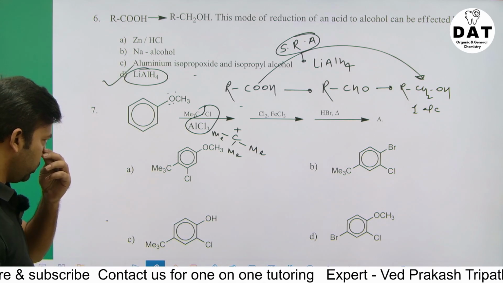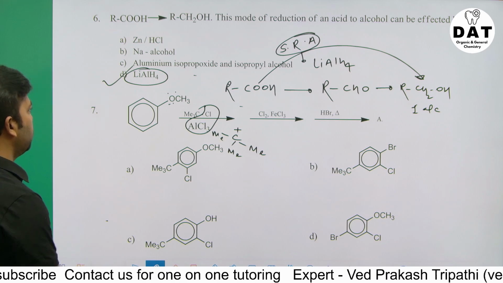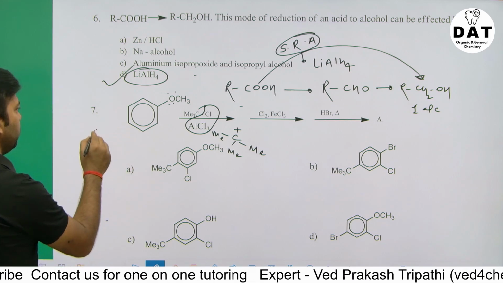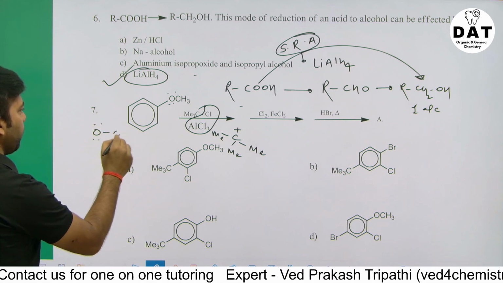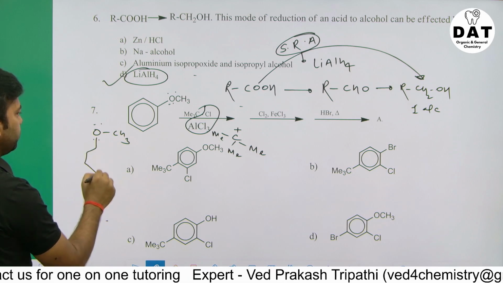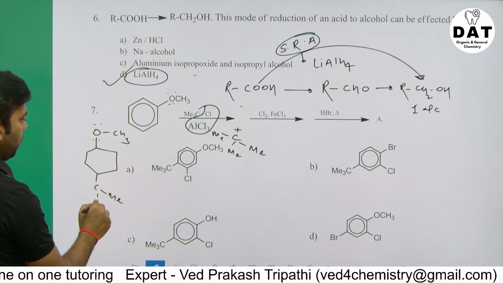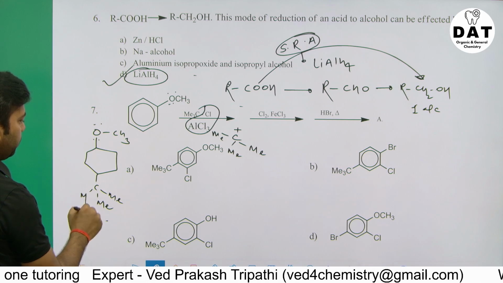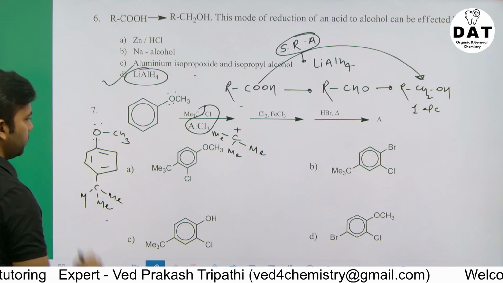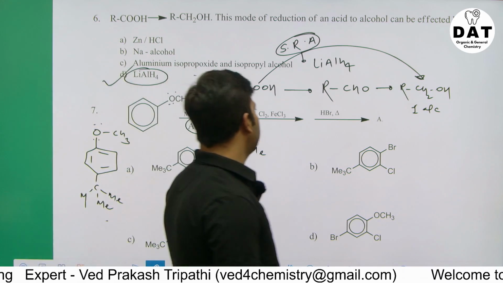So let me check this. So you can go with the para, suppose this one, this is para, carbon, Me, Me and Me, like this. Clear? Now the next step is what?